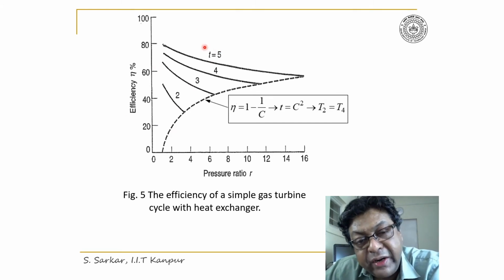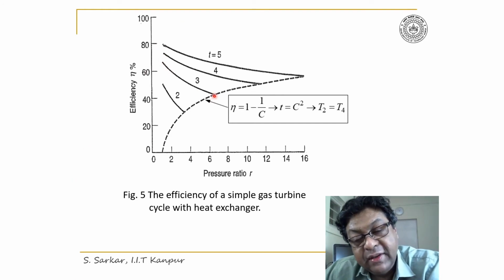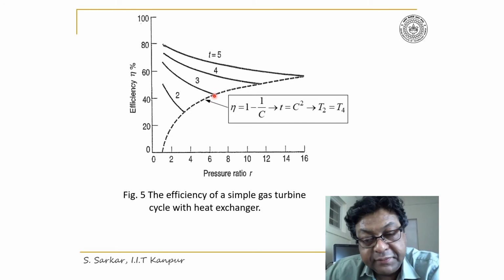Similarly, for a certain temperature ratio, say small t is equal to 3, as pressure ratio increases, the efficiency decreases, and it will terminate at a point where the efficiency becomes equal to that of a simple gas turbine cycle for optimum power output.